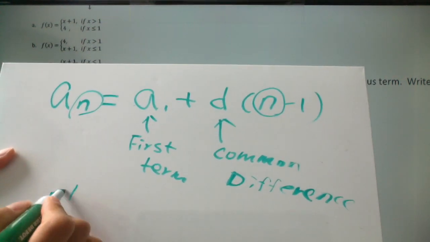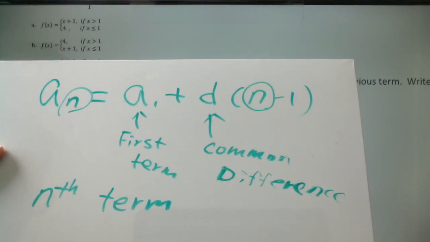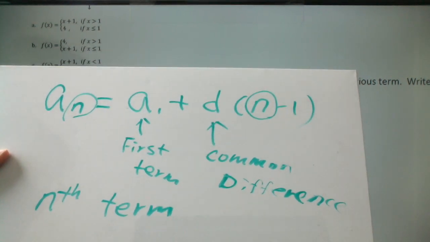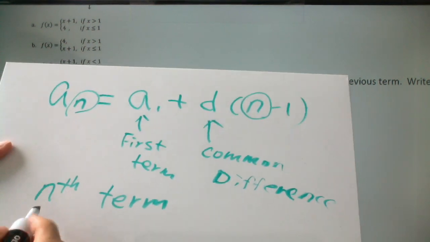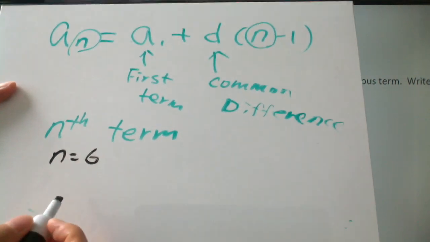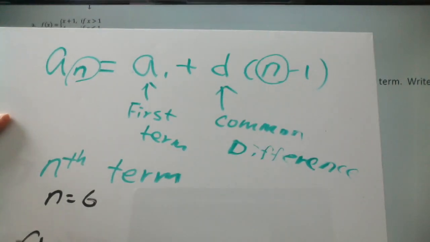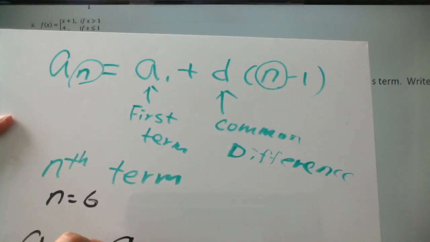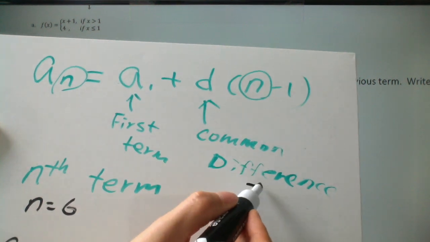n means nth term. In this question, we know n for sure. Why? Because it says sixth term, so n is 6. I will change this. A6 is, we don't know A1 yet. We need to find it out. And d was -3, right?